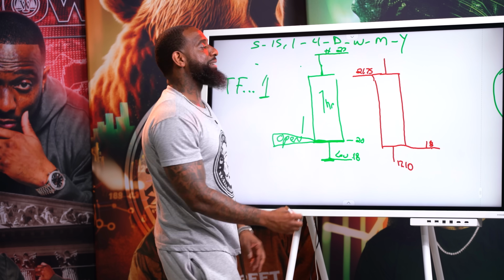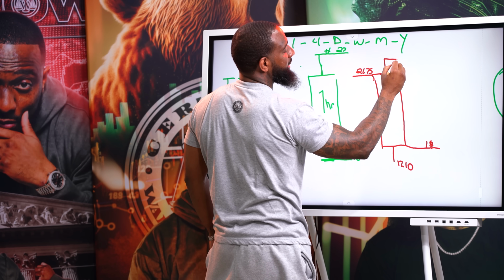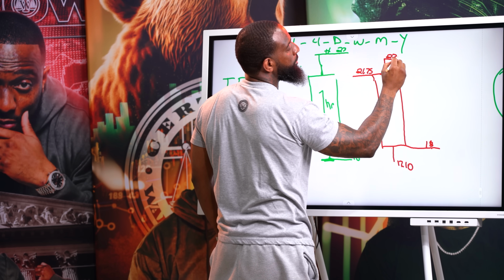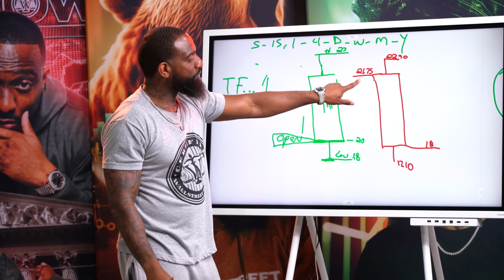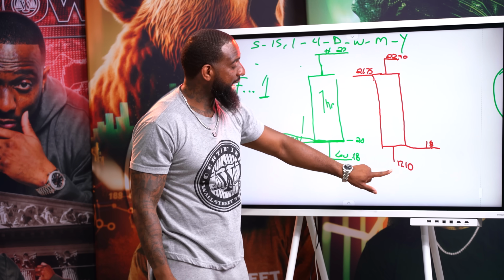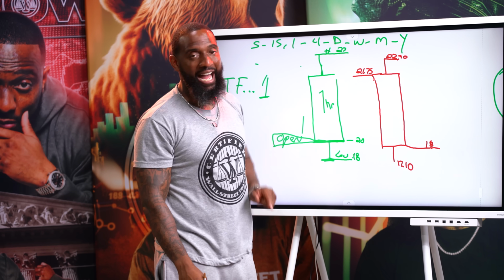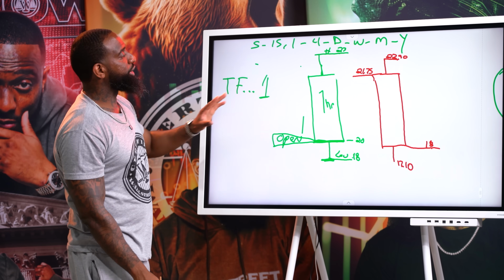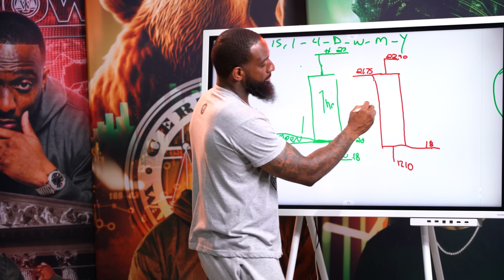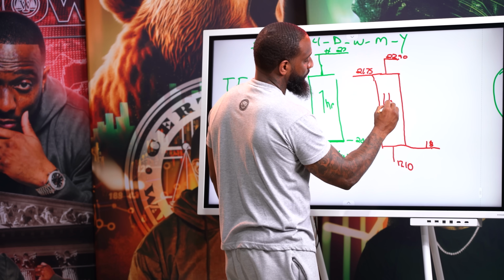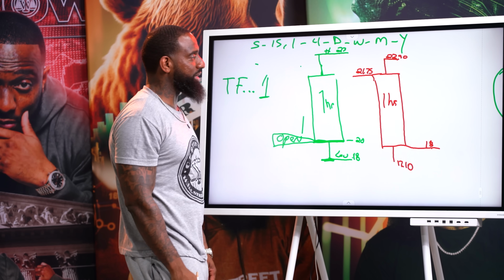But at some point, the buyers got it up to $22.30. All right, so you got an open, you got a close, you got a low, and you got a high. And remember, this is a 1 hour time frame.